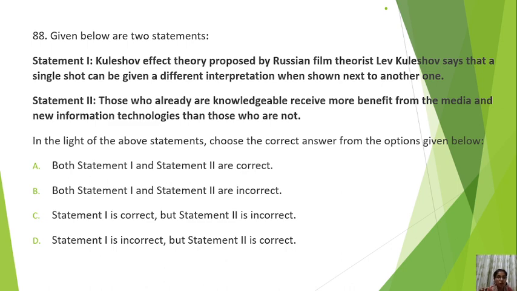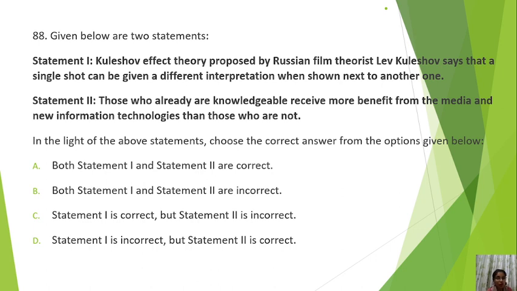So we don't have to be concerned about this. But what it says now, pay attention here. A single shot can be given a different interpretation when shown next to another one. Of course, it is true. I mean, you can interpret a single shot differently when it will be shown next to another shot. So it seems to be true.